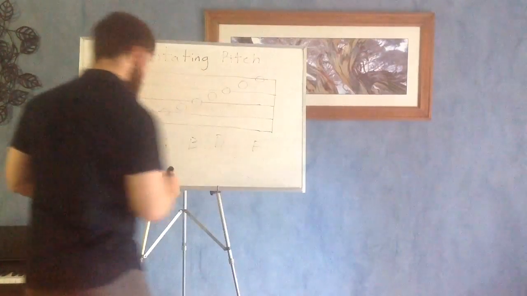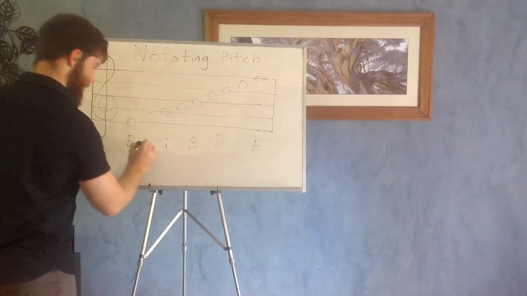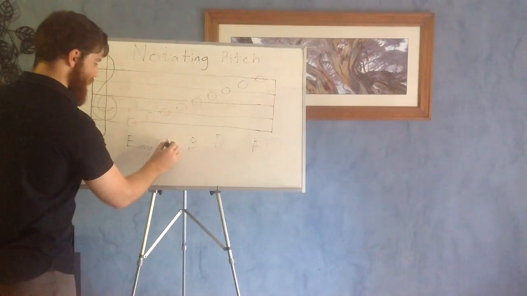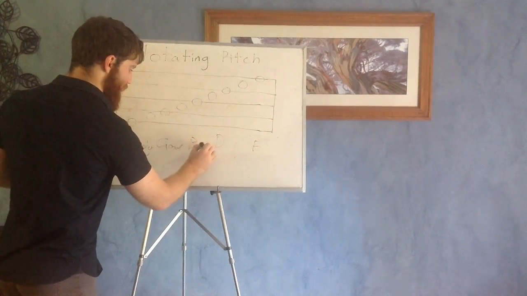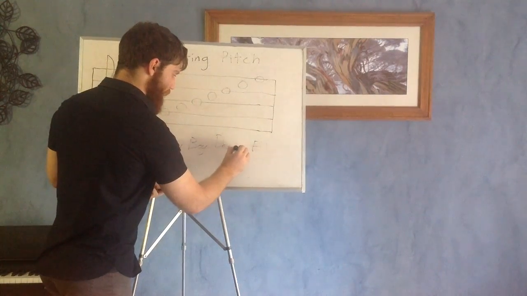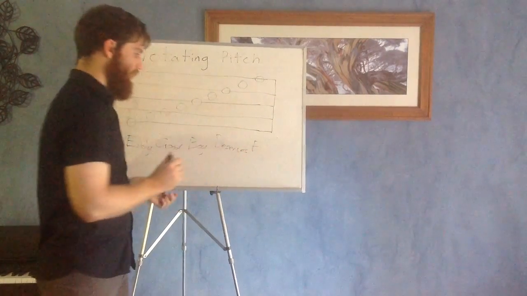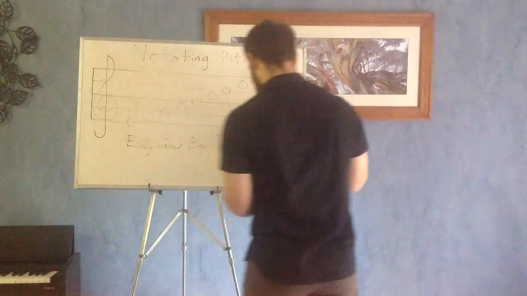So in the case of E, we're going to make that every. For G, it's going to be good. B is boy. D is deserves. F, normally it's taught with fruit, but I like to say Ferraris because they're way cooler.